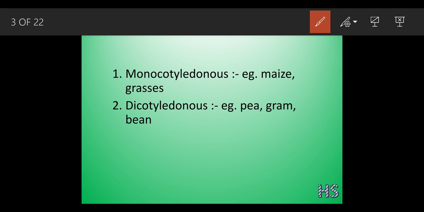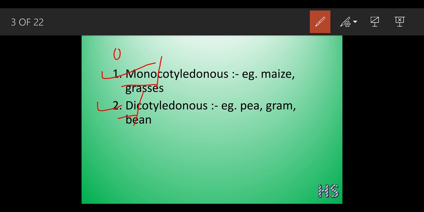Now there would be different classifications, so we are going to learn a lot of words. There are two types of seeds: monocotyledons and dicotyledons. This word mono you have already studied in chemistry, and di also you have heard. What does mono mean?